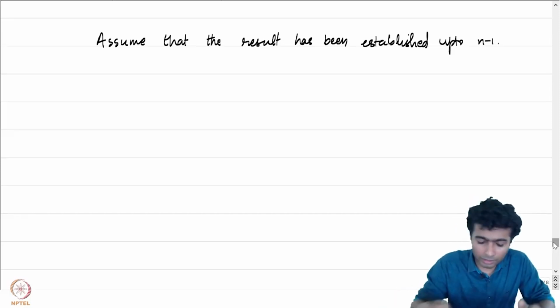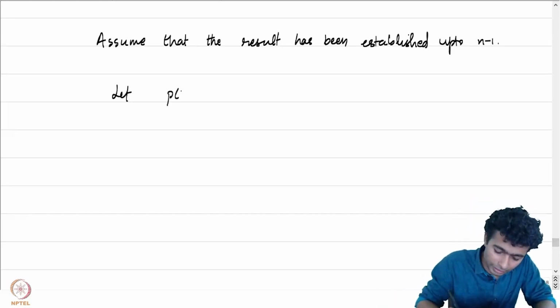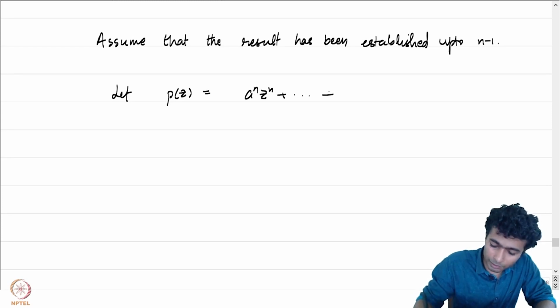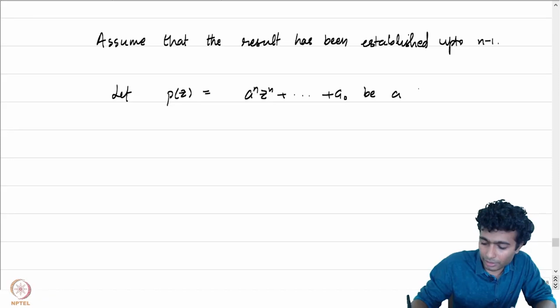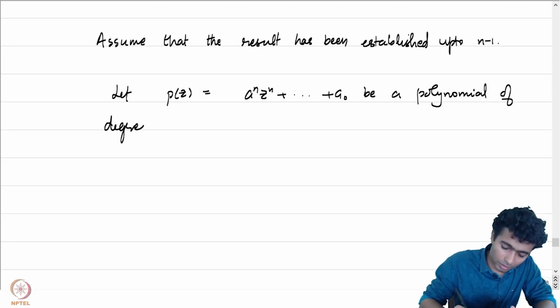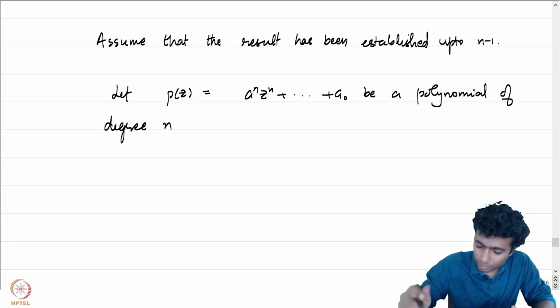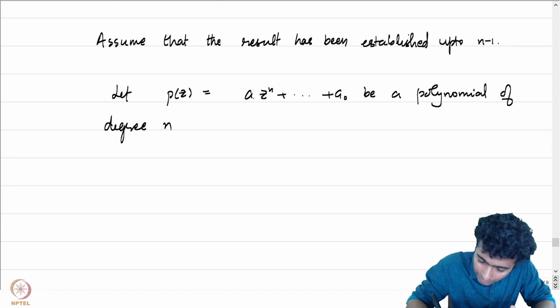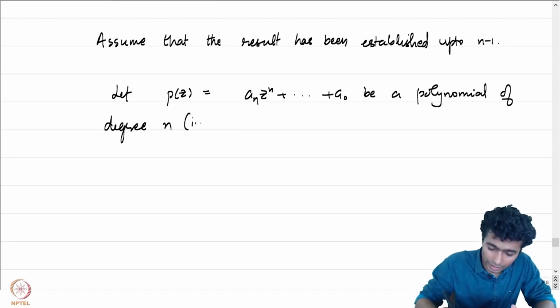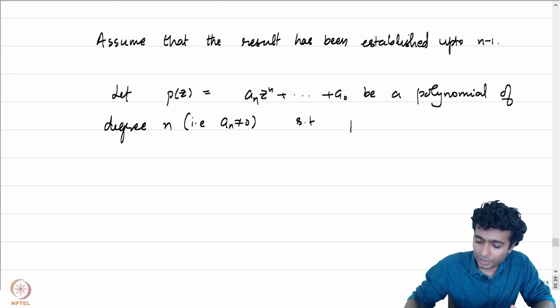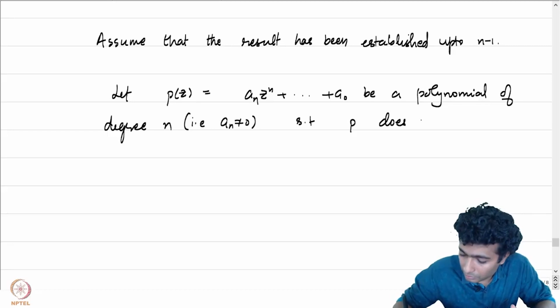Let P of z equal to an z to the power n plus up to a0 be a polynomial of degree n. That means an is not equal to 0. Oh, this is not a to the power n, this is a subscript n. I.e. an is not equal to 0 such that P does not have roots in C.